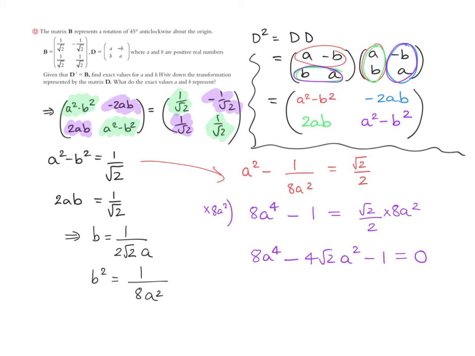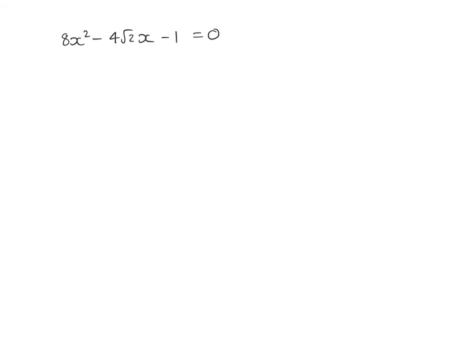Now we can solve this by reducing it to a quadratic form. So I'm going to say that x is equal to A squared. And this then gives me 8x squared minus 4 root 2 x minus 1 equals 0. And I'm going to simply apply the quadratic formula to solve this as simply as possible.